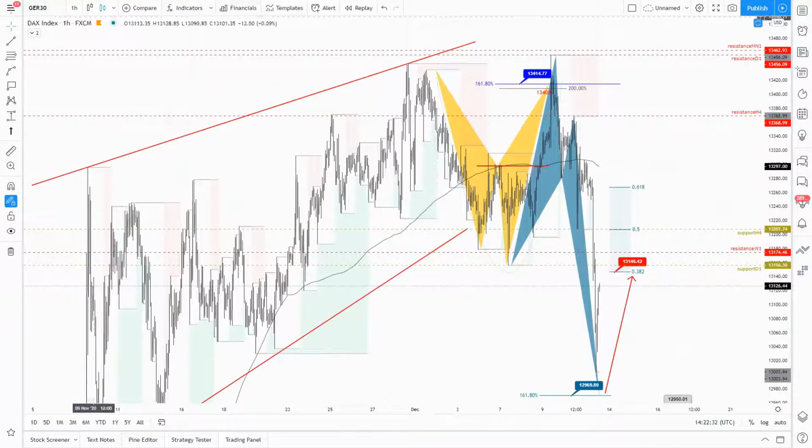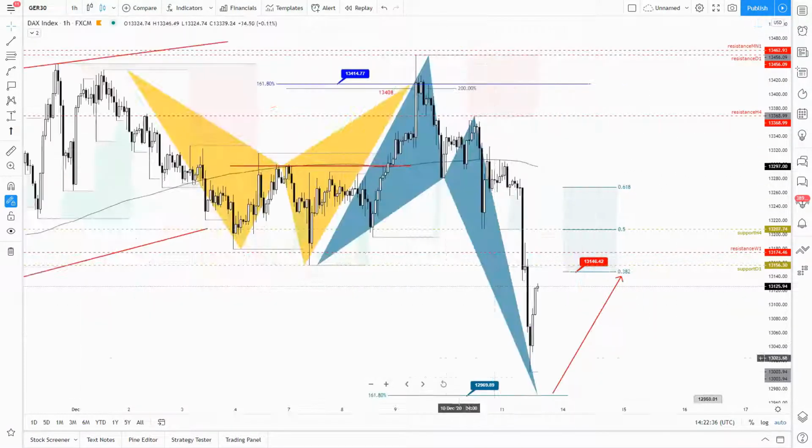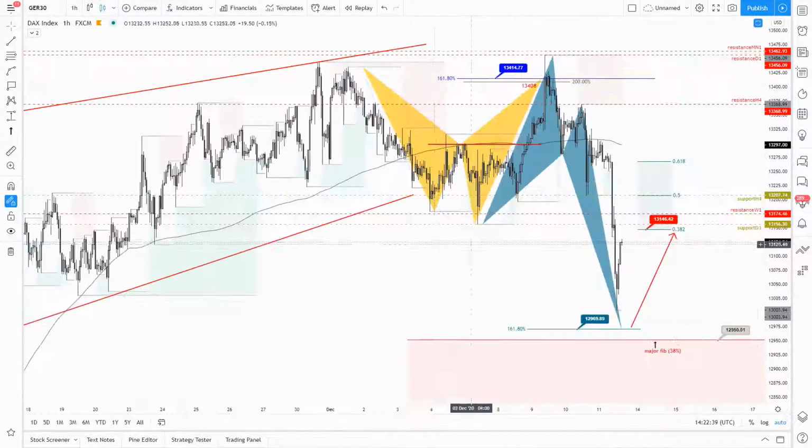The DAX, extremely productive, let's say. We have an inverted head and shoulders here, with the left shoulder, the head, and the right shoulder.